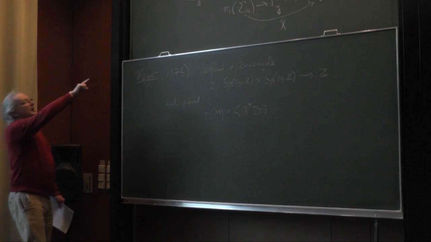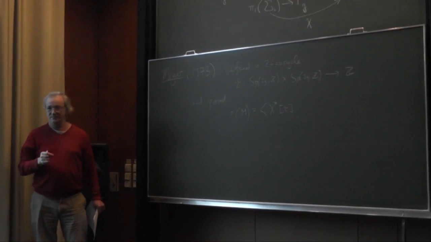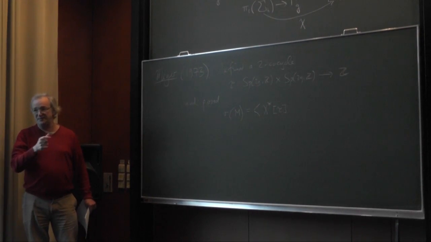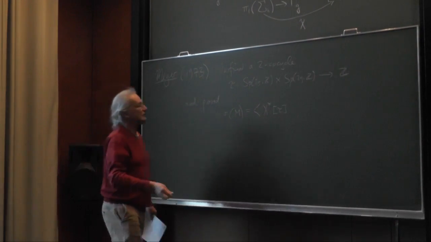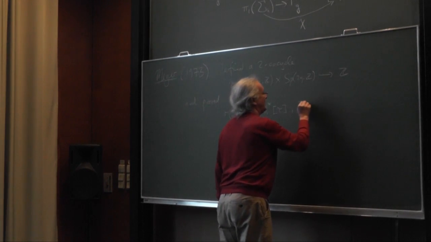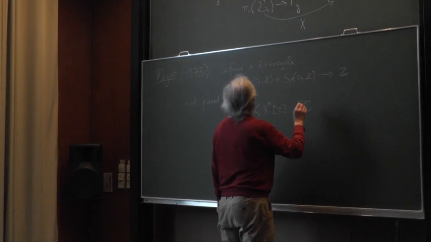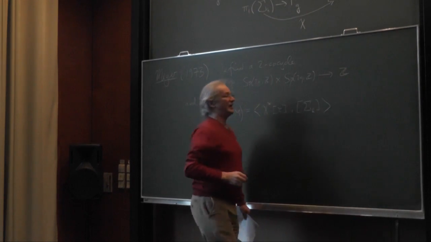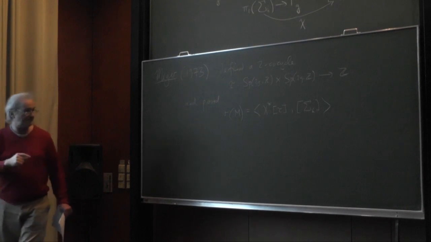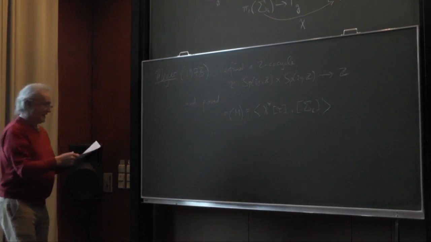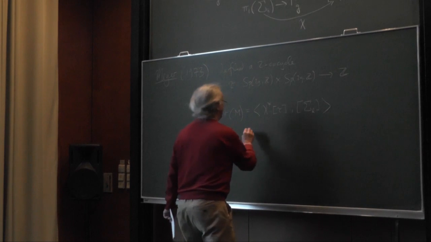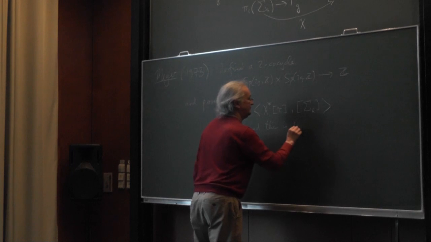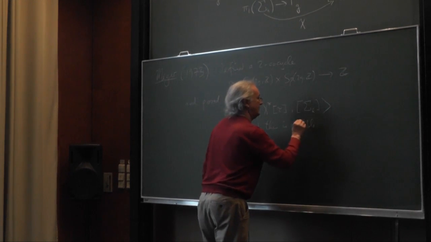Now, the cohomology of pi1 of sigma H has a canonical degree 2 element, which is just the fundamental class of that manifold. And so we evaluate on that degree 2 homology class, sigma H. And he noted that this is divisible by 4.